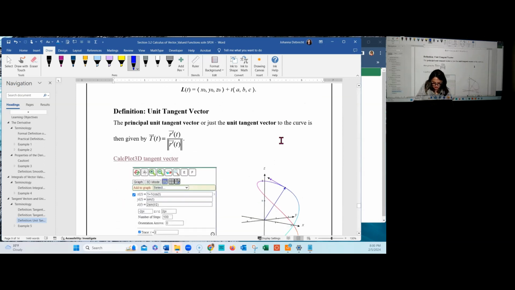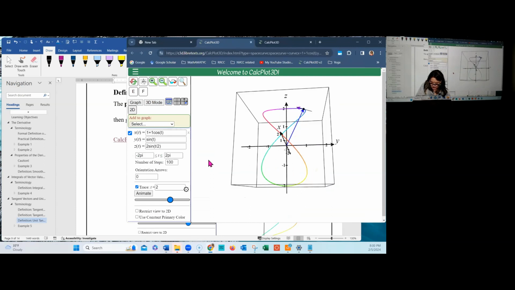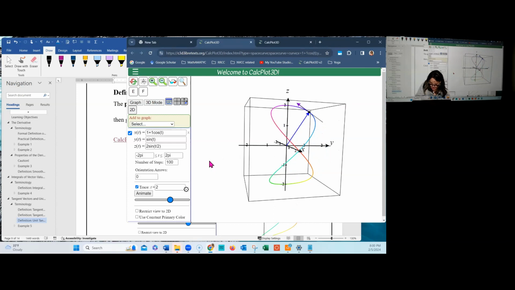Okay, so let's take a look now at a unit tangent vector and the tangent vector. What I have plotted right now, and I'm going to move it around a little bit, right now it's at the point 2. Let's move it around a little bit. Do you see how it's tracing out the curve at all points?